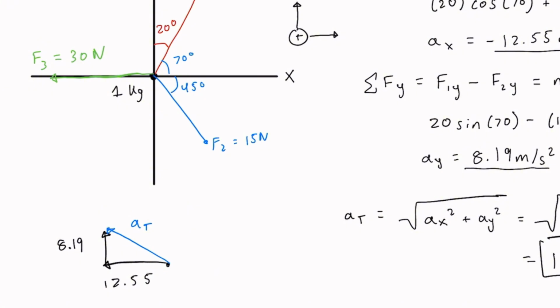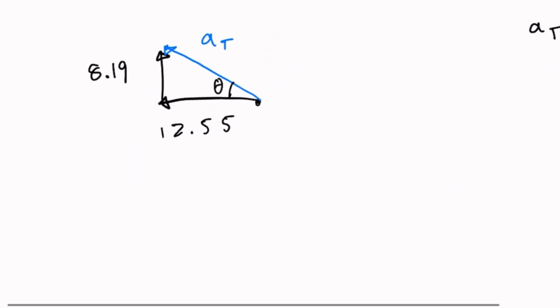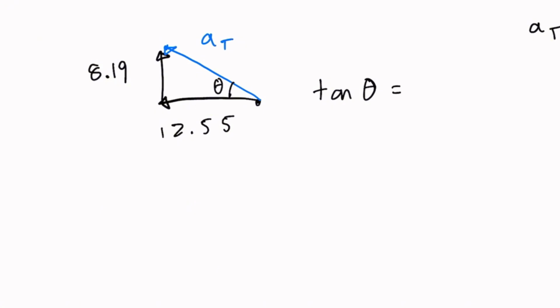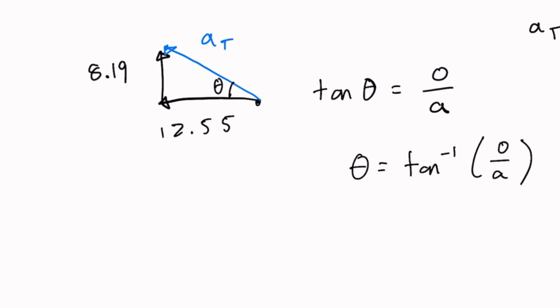To find the direction, we can call this angle theta and use one of our trig identities and solve for theta. Let's do that now. Tan theta is equal to the opposite over adjacent side. Taking the inverse tan of both sides, we get theta is equal to inverse tan, opposite over adjacent.